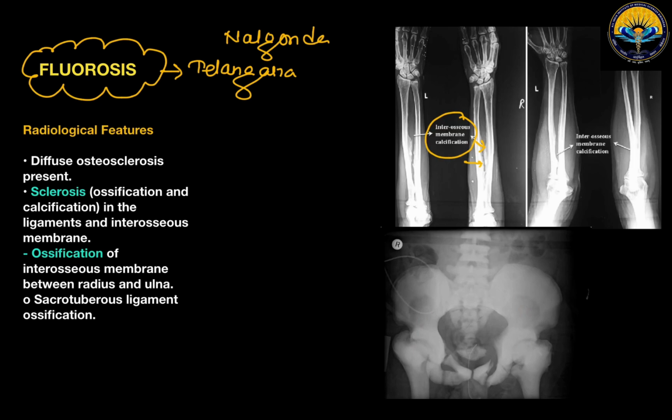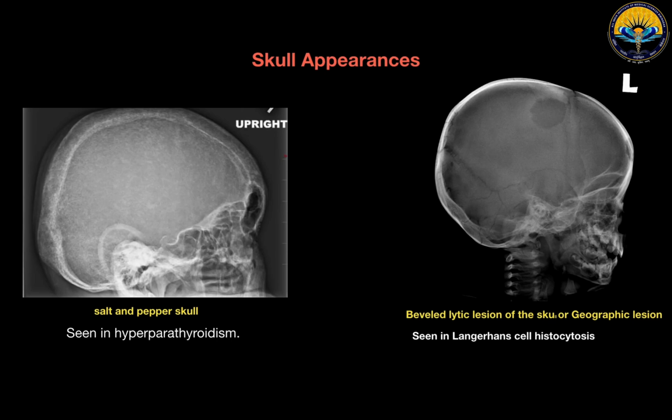Now let's talk about some important findings in skull X-rays in these metabolic and endocrine pathologies. Look over here. We can see a salt and pepper appearance of the skull, and yes, it is seen in hyperparathyroidism. Now look over here. We have a lytic lesion of the skull, or a geographic lesion. Yes, this is seen in Langerhans cell histiocytosis.